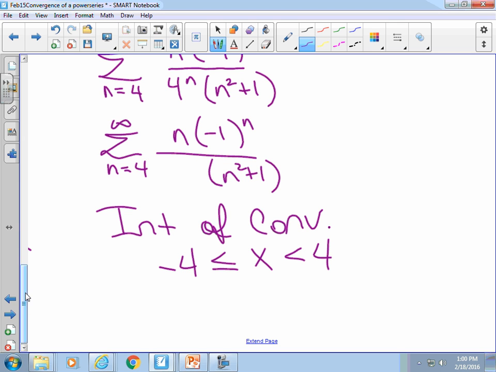I do want to introduce you to another word that is not tested on the BC exam, but does come up in your textbook, so you'll know what it means. There are series that converge, and then there are series that converge absolutely. Absolute convergence means it converges whether it alternates or not. So 1 over n converges only if it's alternating, if the -1 to the n is there, but if not, it doesn't converge, and that's called conditional convergence.